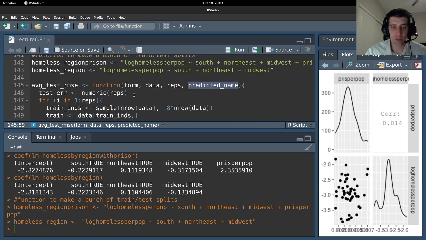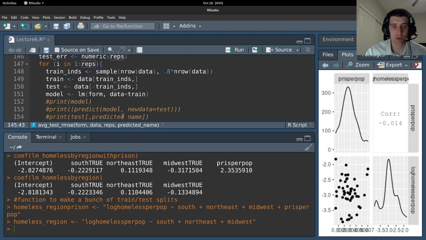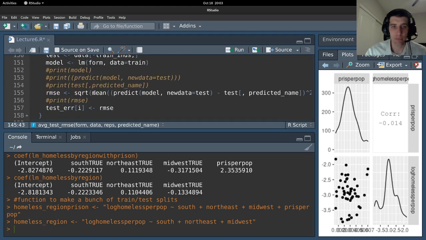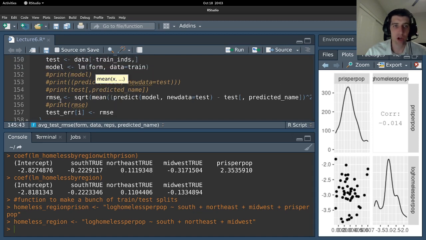What it does is it performs however many reps you want, that number of train-test splits, and computes your testing RMSE, and then it will return the mean and the standard deviation of the root mean squared error for those repetitions.